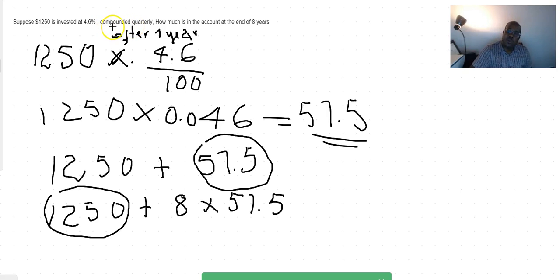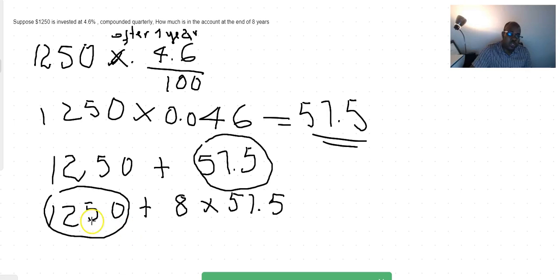But when it's compounded quarterly or whatever, it can be semester. Quarter means every 3 months. Okay, it's gonna be different. I know the interest, but from the first year I'm not gonna have just 1,250.